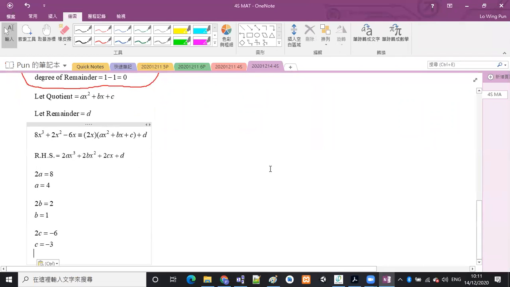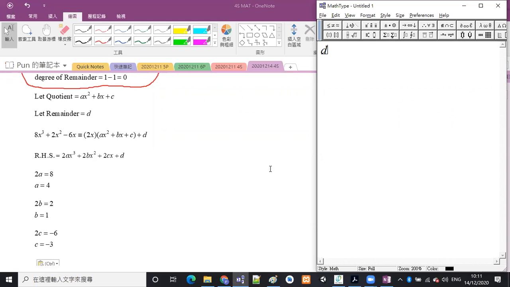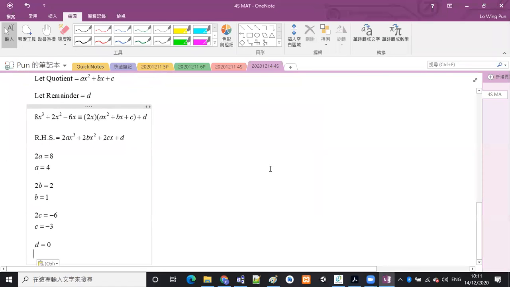And for the constant term, we have d on the right-hand side, but on the left-hand side, there is no constant term, which means that the constant term should be equal to 0. Okay, so that is like this. Therefore, after finding out all the unknowns, we can write down the answer.